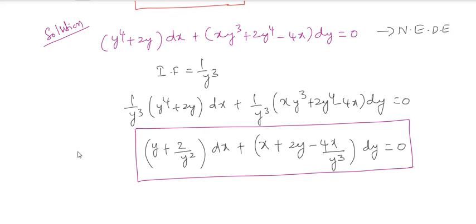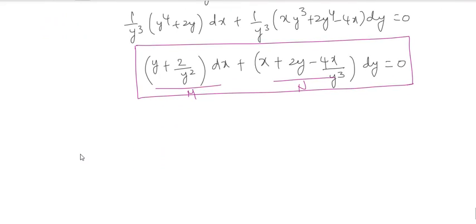So now this is your M and this is your N. Let me cross verify whether it is an exact differential equation or not. Check it out. What is my dou M by dou y? For the term 1 by y square, differentiation is what?